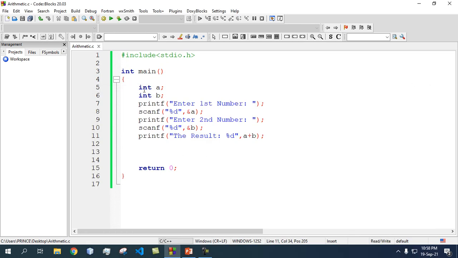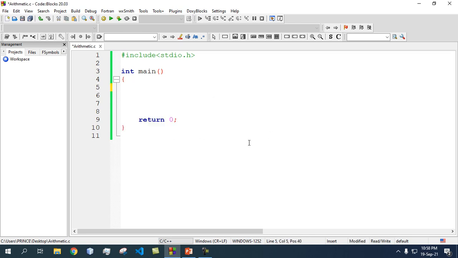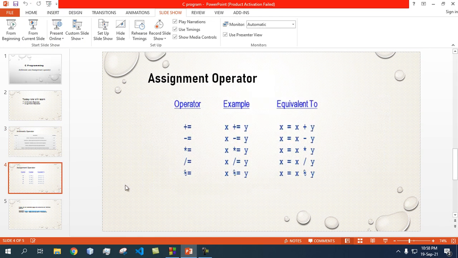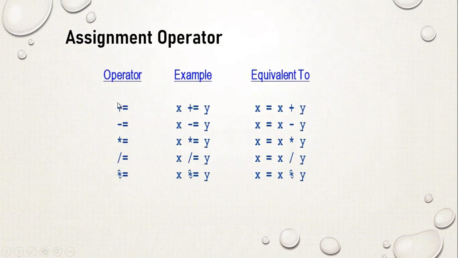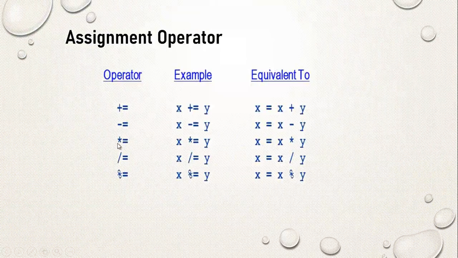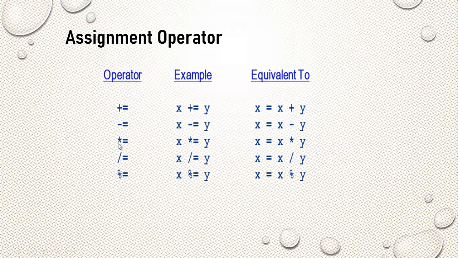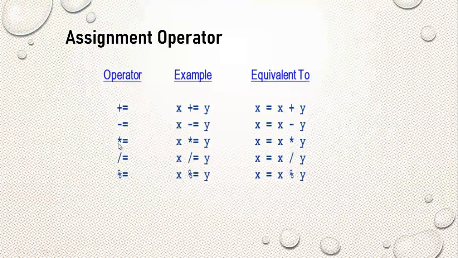So now let us move on to assignment operators. So what are assignment operators? Alright, these are the assignment operators: plus with equal to, minus with equal to, multiplication with equal to, division with equal to, and modulus with equal to.